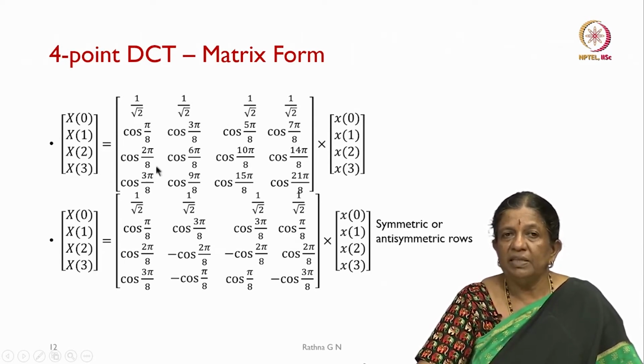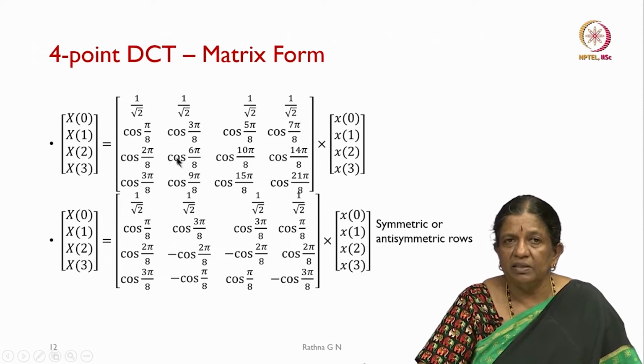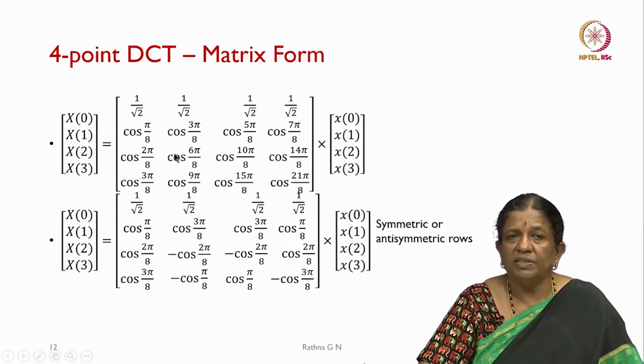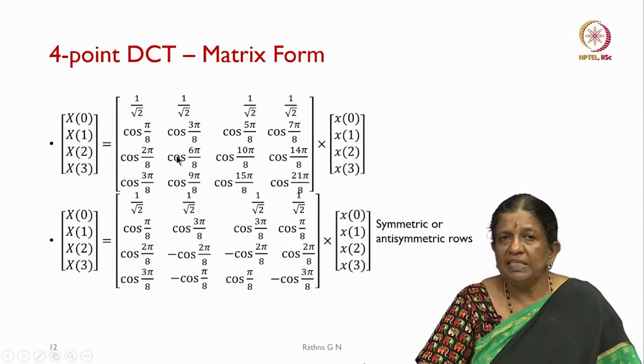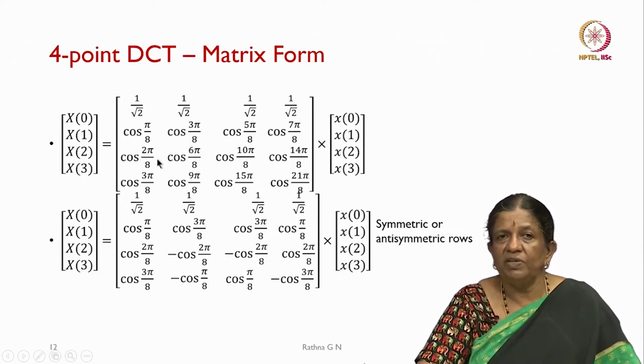So, you will be seeing in the third row it is going to start from 2 pi by 8, and then you are going to add this thing, 4 pi, to this. So, you get 6 pi, then 4 more is 10 pi, and then 14 pi. That is because of the multiplication, since for x of 2 we are doing 2 into 2, which is 4.